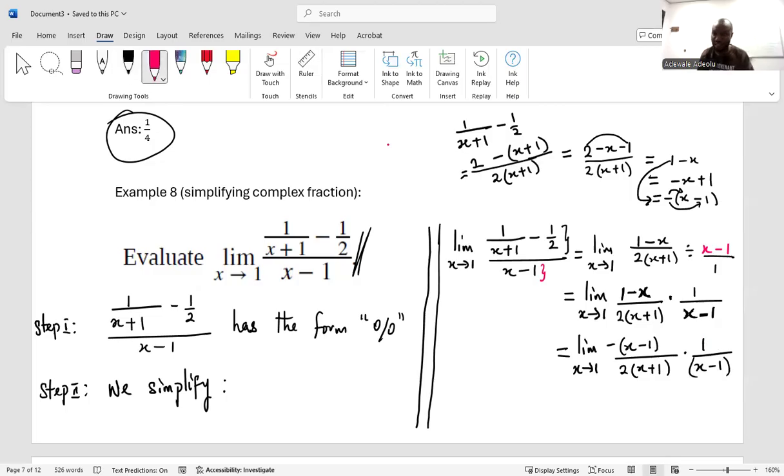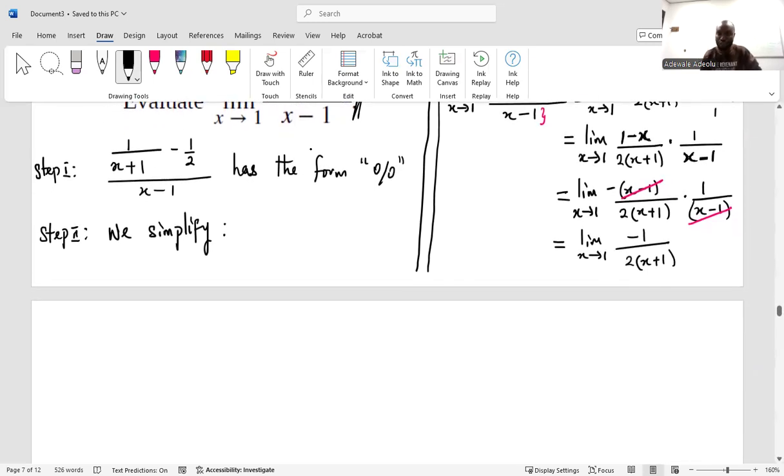Now they are the same. So I have the limit as x goes to 1 of minus 1 over 2 into x plus 1. The last step is to use the limit law by substituting 1 wherever I see x.